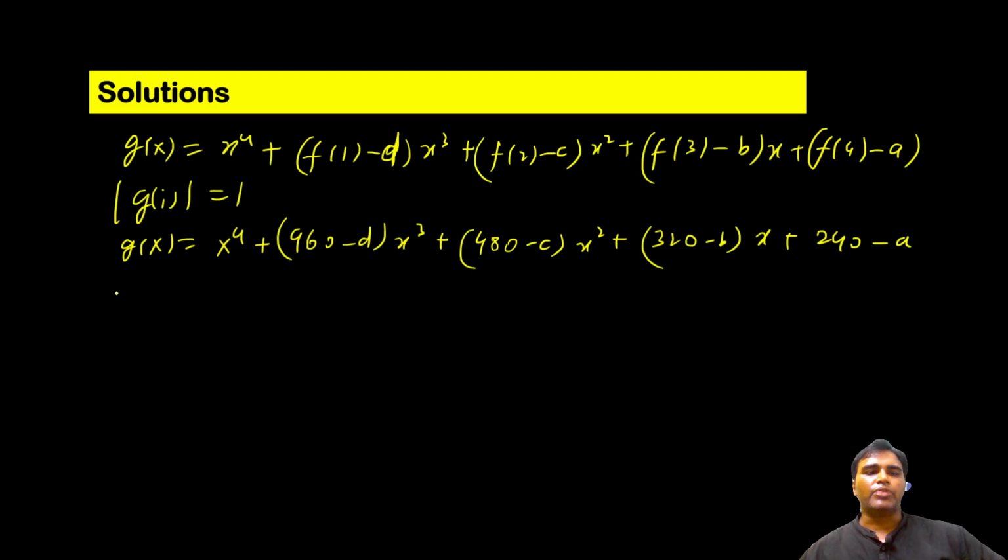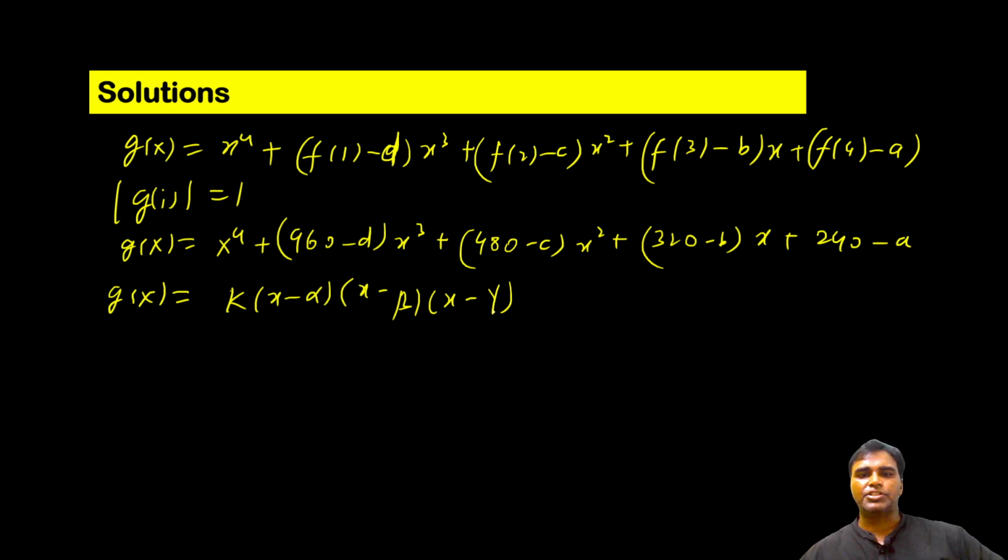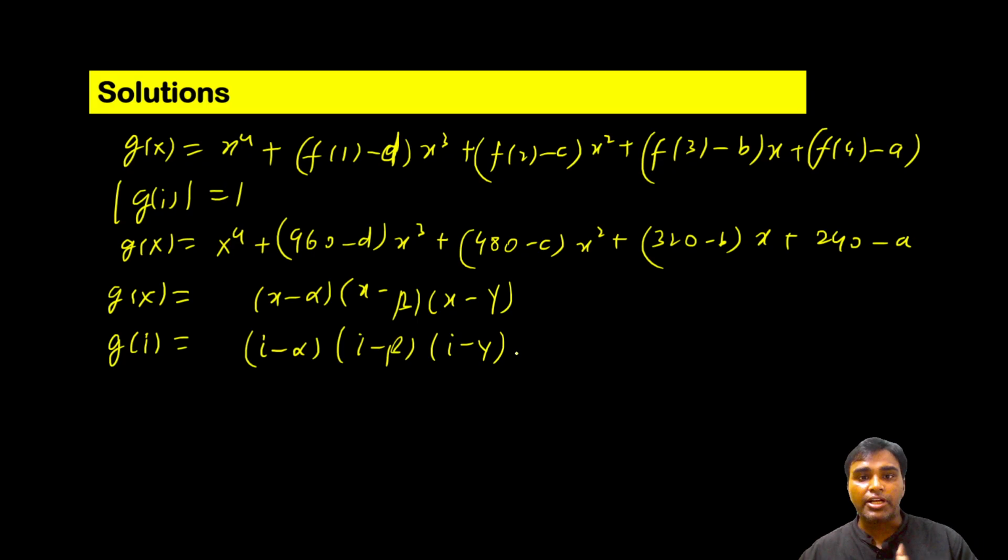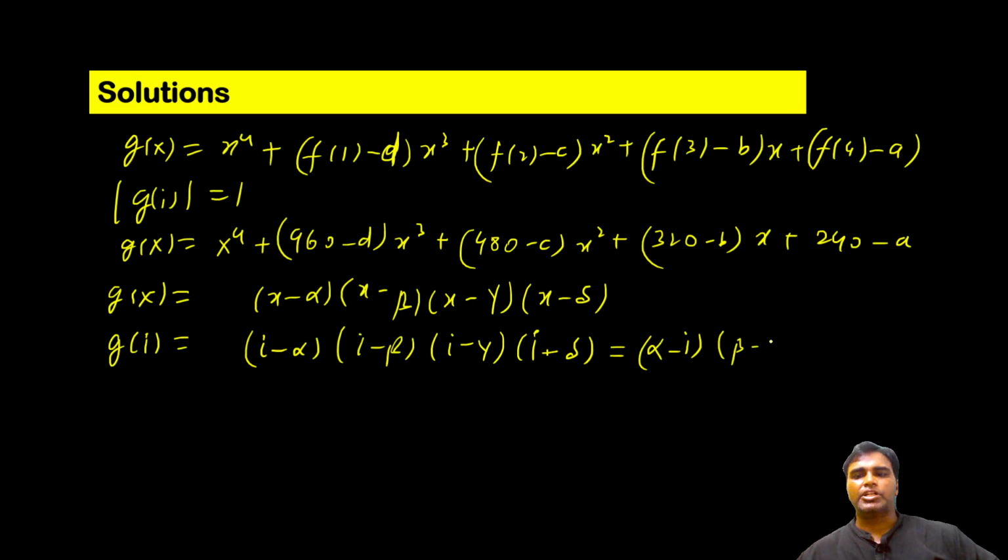Now gx is a biquadratic, so I can write this as k times (x minus alpha)(x minus beta)(x minus gamma)(x minus delta), where k value is 1 because the leading coefficient is 1. Now in place of x, let's put i: g of i is (i minus alpha)(i minus beta)(i minus gamma)(i minus delta). Alpha, beta, gamma, delta are real. If you rearrange this, this is (alpha minus i), (beta minus i), (gamma minus i), and (delta minus i).